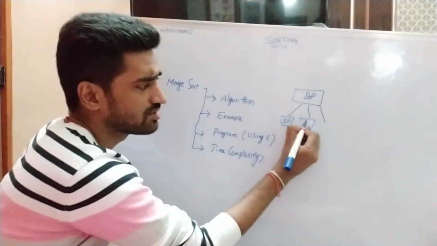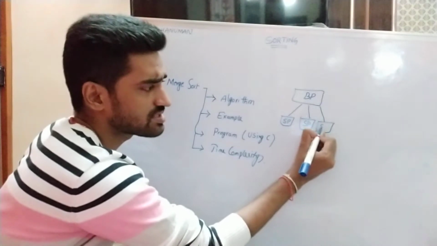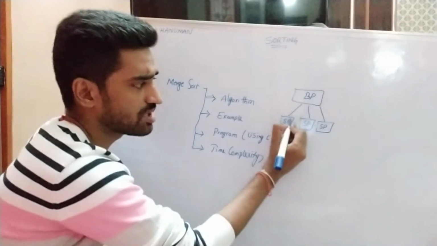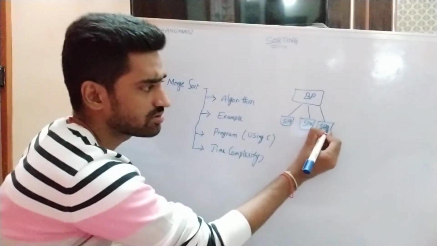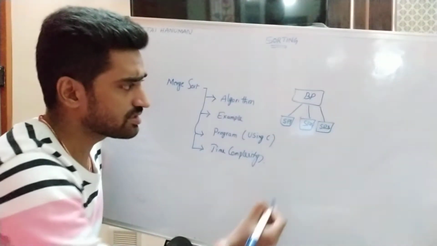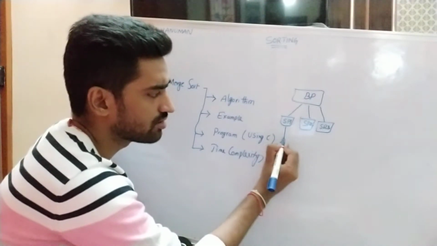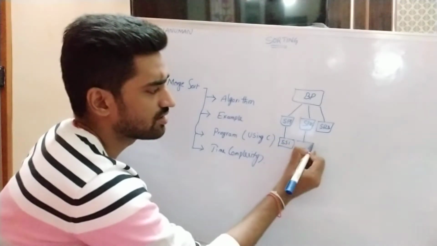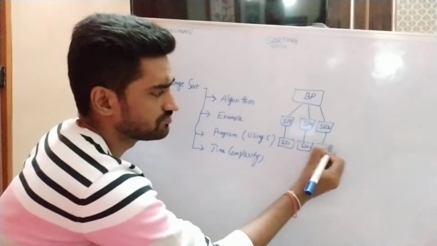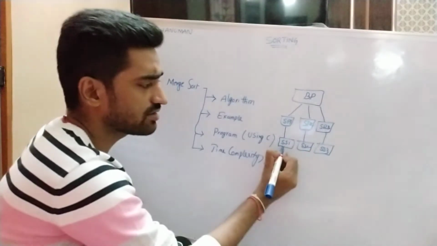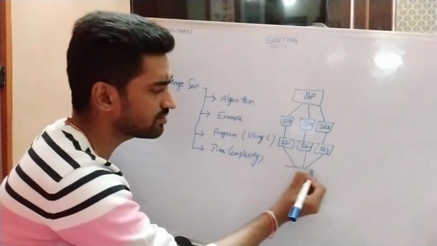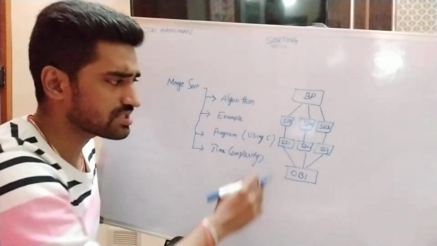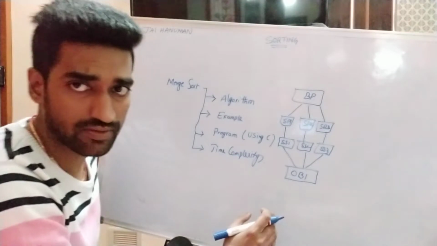Here I am dividing this big problem into sub-problem 1, sub-problem 2, sub-problem 3. For these sub-problems, we find the sub-solutions. Finally, we can integrate all the sub-solutions and get the original solution to the big problem. So this is the general strategy for the divide and conquer mechanism.